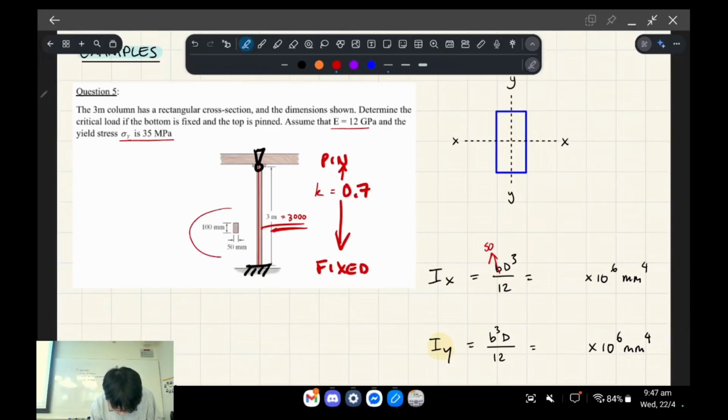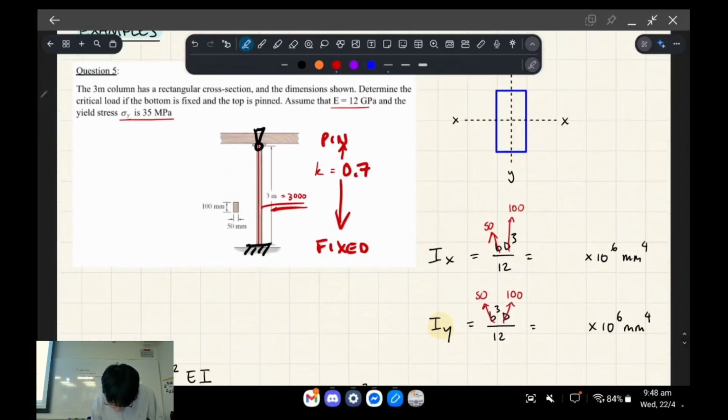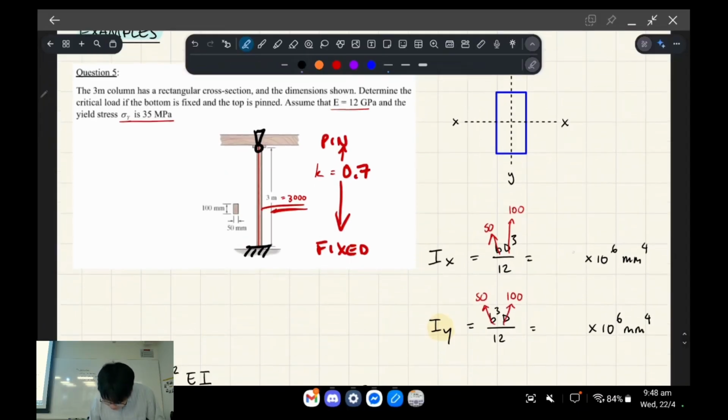So this is a rectangular cross section. Okay, and then moment of inertia looks like this, and like that. Okay, so we know that because there's no restraints in the middle, the weak direction is always going to govern, okay?